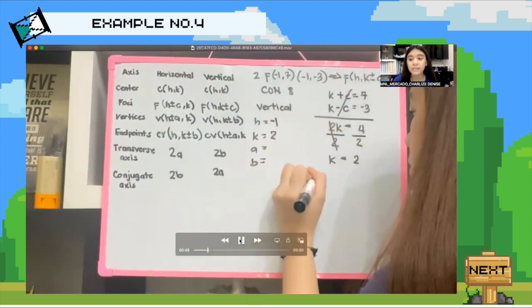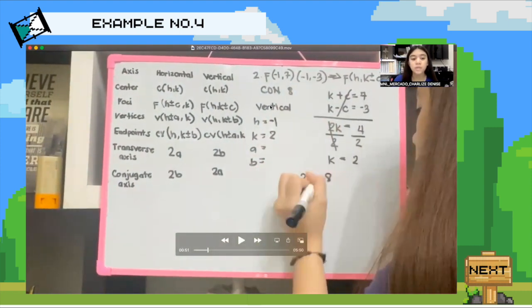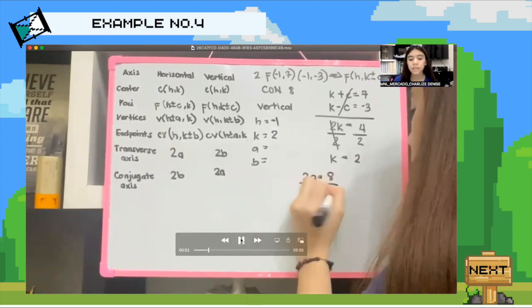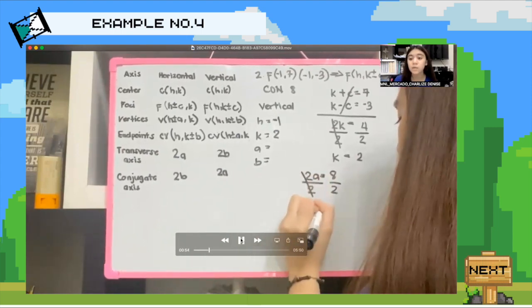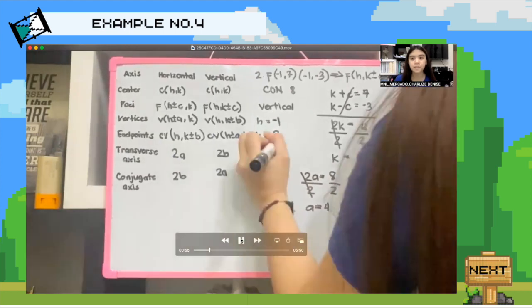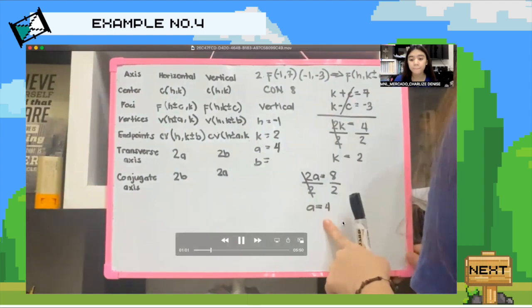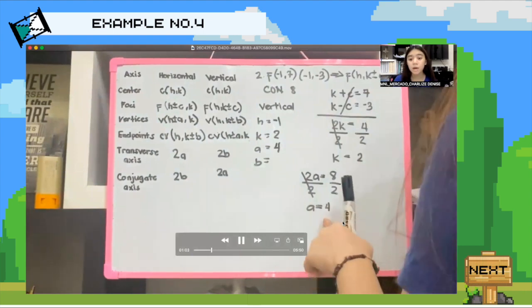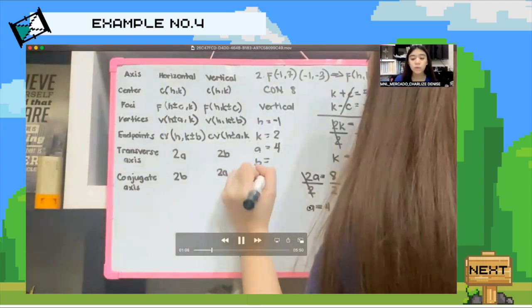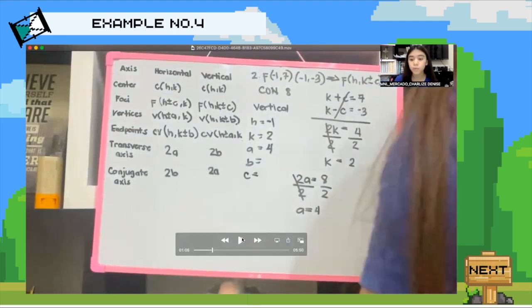Next is to find the value of a. For the conjugate axis, we have the formula 2a. So 2a is equal to 8, and dividing both sides by 2, a is equal to 4. When we know the value of a, we can now solve for the value of c.